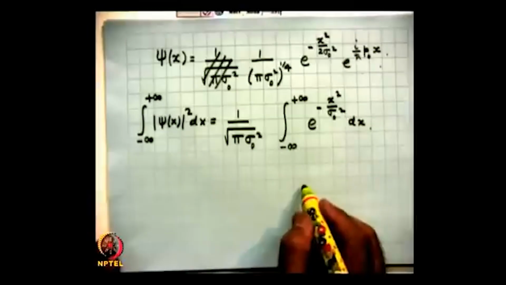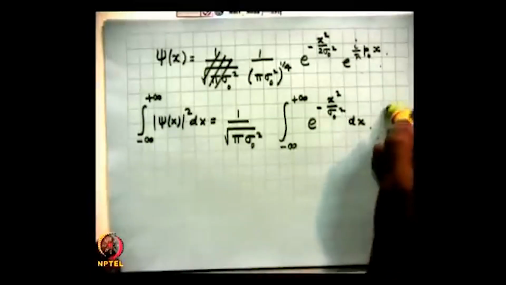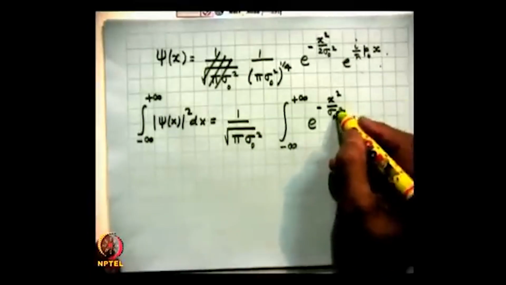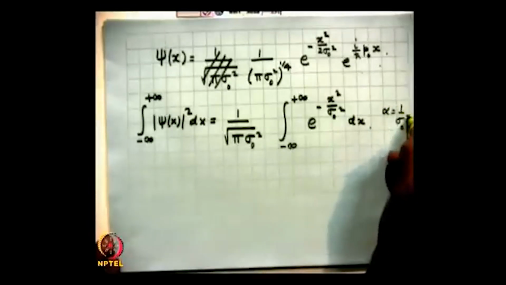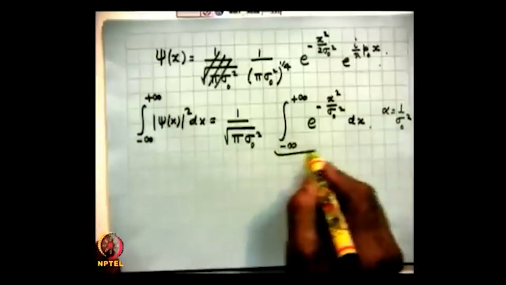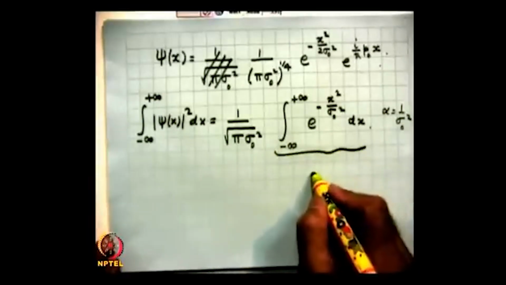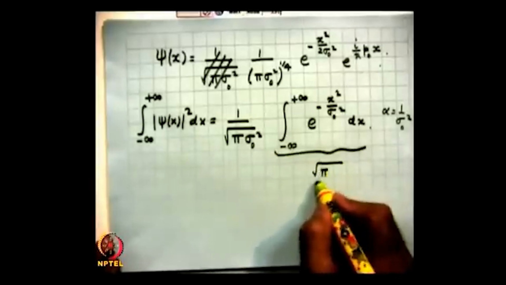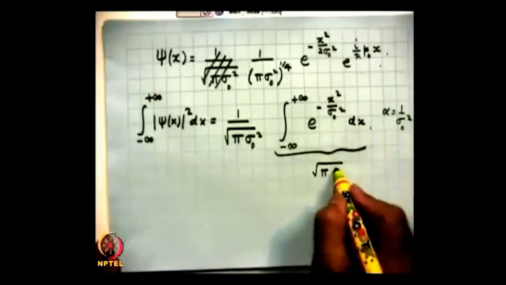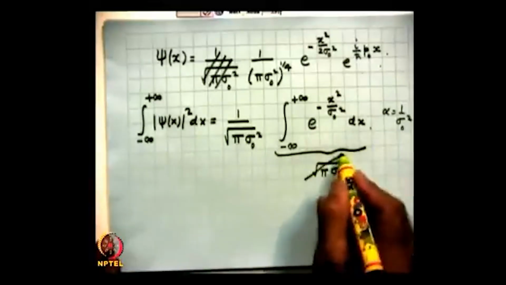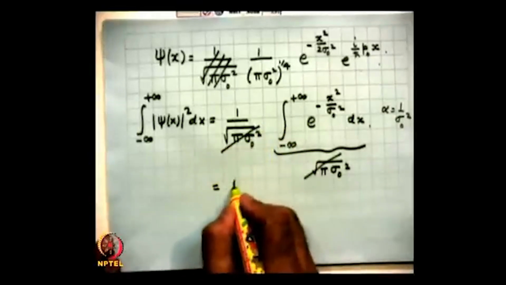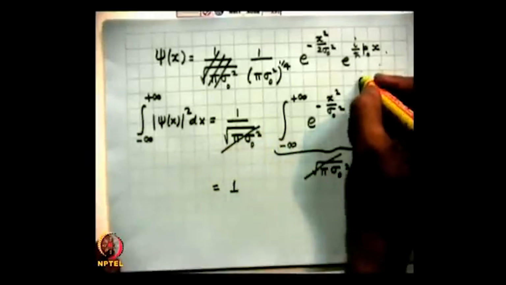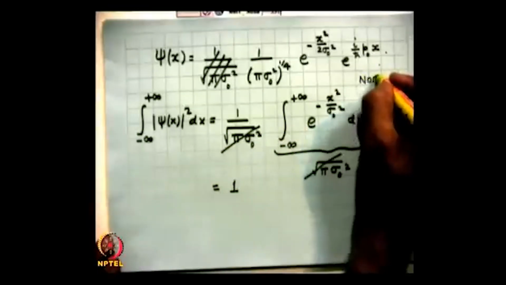If you integrate e to the power of minus alpha x square, where alpha is 1 over sigma naught square, the integral will be under root of pi divided by alpha. So this factor will cancel out with this factor. So this quantity is 1, and we say that this function is a normalized eigenfunction.